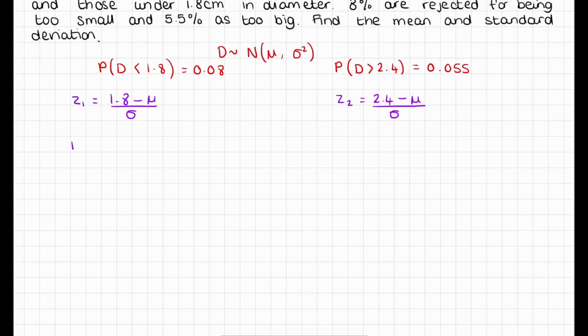For this part here, the probability of Z being less than this is going to be equal to 0.08. Then with this one, because it's a greater than, we need to switch it to the other side. So it would be 2.4 minus mu over standard deviation. And then we do 1 minus our probability here, which will be 0.945. Because remember, when it's greater than, we need to switch it to a less than.